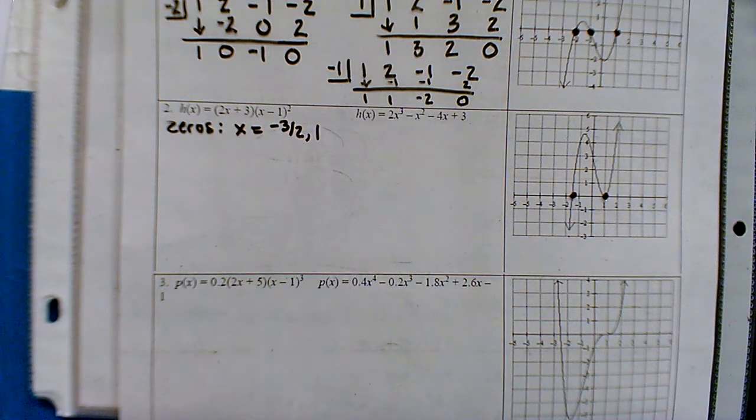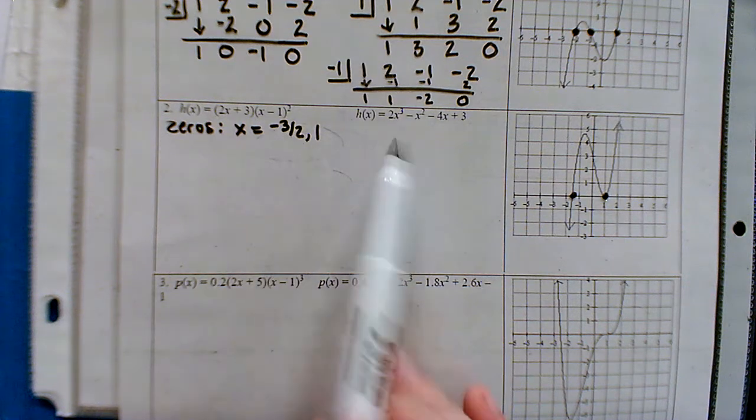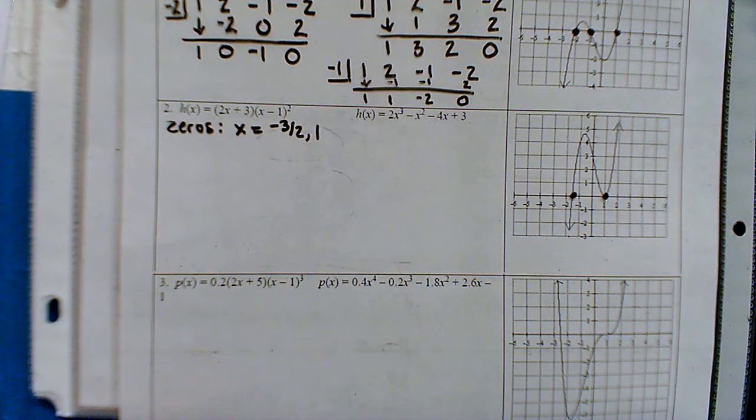So we're going to take the time to synthetically divide these zeros, these x-intercepts, into the standard form equation.